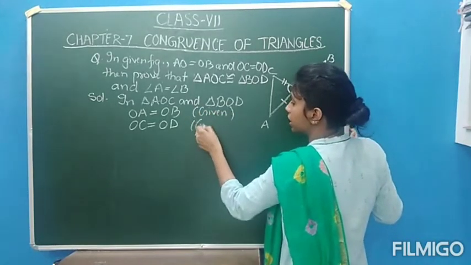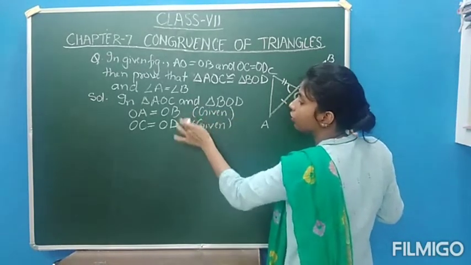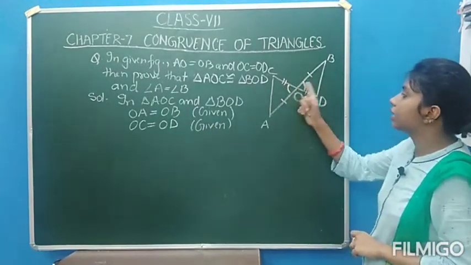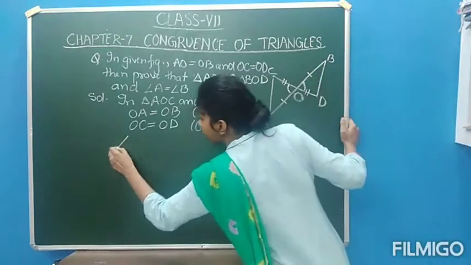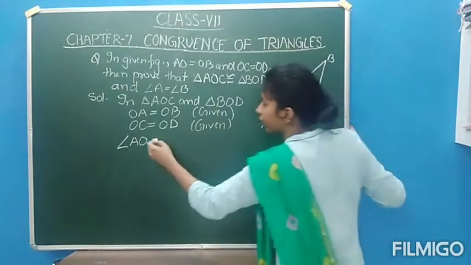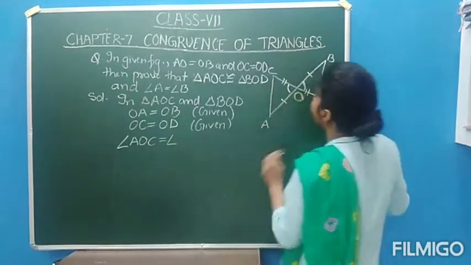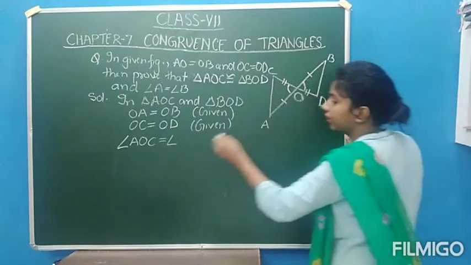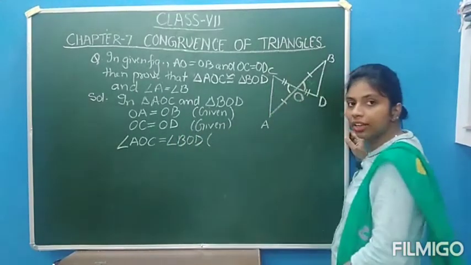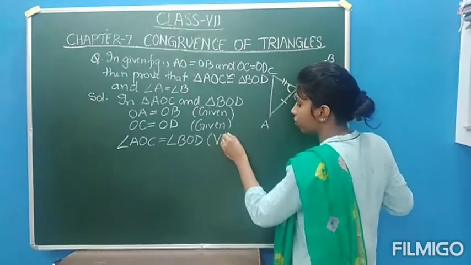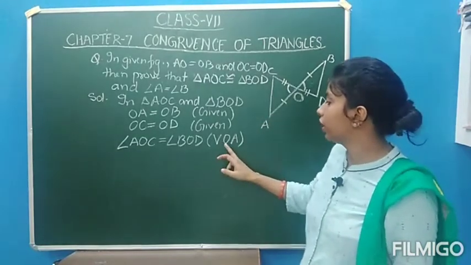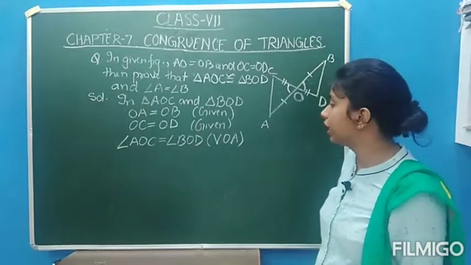In the bracket we must write the reason why these are equal, because it is given. Now this angle is equal to this, so we write angle AOC is equal to angle BOD. Why? Here we have to write because they are vertically opposite angles. In short, we write VOA, meaning vertically opposite angles.